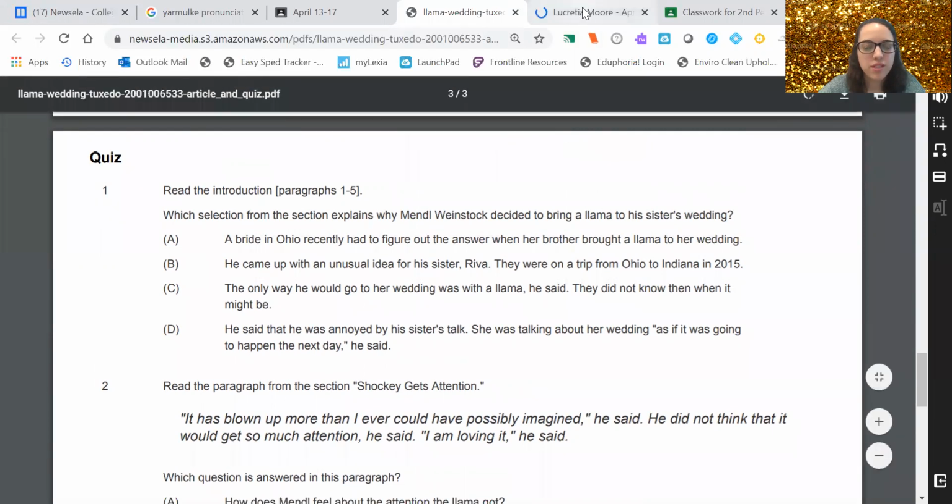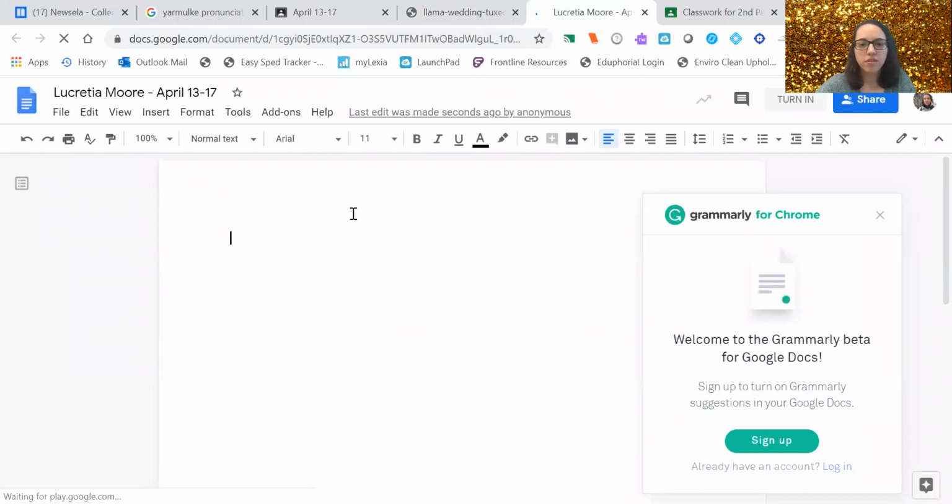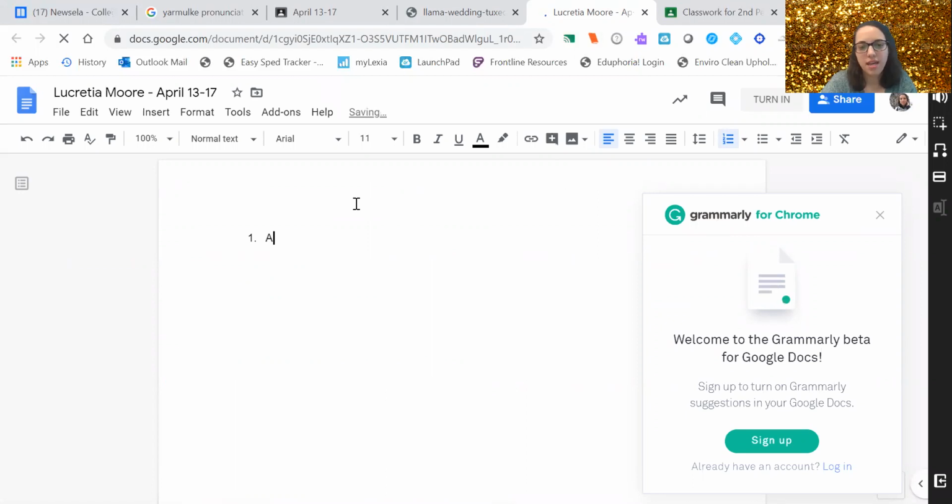If you do it this way, as the absolute backup, you will need to add the doc. You're going to click 1 and then answer it with the letter choice, A, B, C, or D. So 1A, for example, 2A, 3A. These aren't the answers, this is just an example.